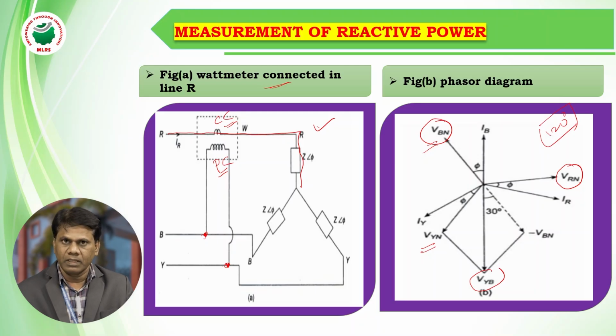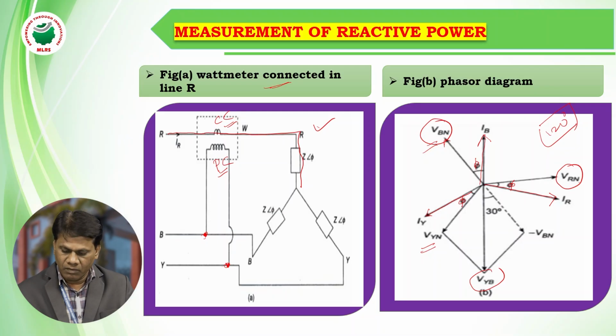This is the case for an inductive load, where the current lags the voltage. So the current in R phase, IR, lags VRN by an angle phi. Similarly, the current in Y phase, IY, lags VYN by phi, and the current in B phase, IB, lags VBN by phi.